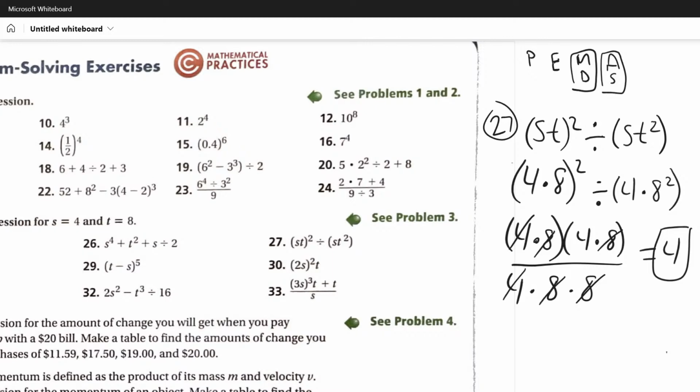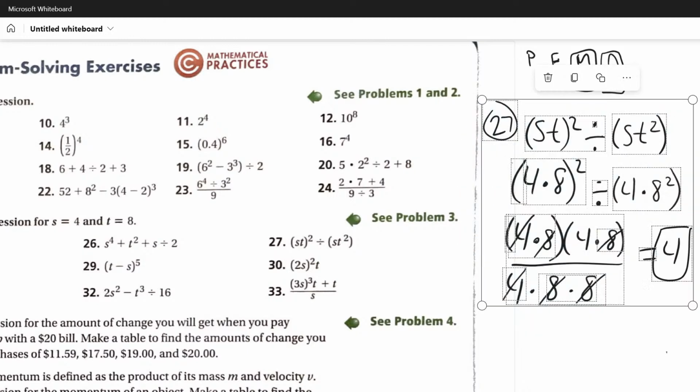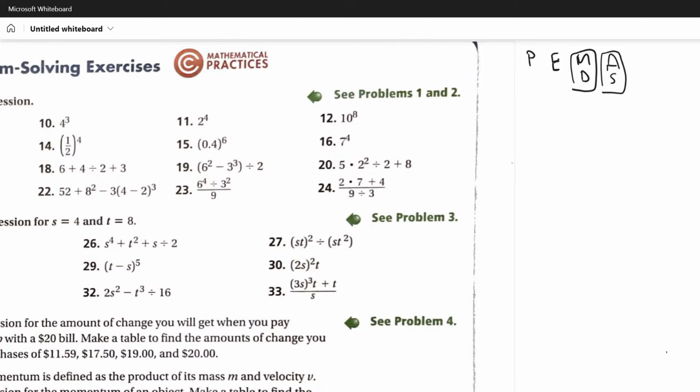And, well, since that one was pretty cool, let's try number 30. I'm going to erase this here. And we're going to go to number 30. And in number 30, that is 2s, and that has to be squared, times t.